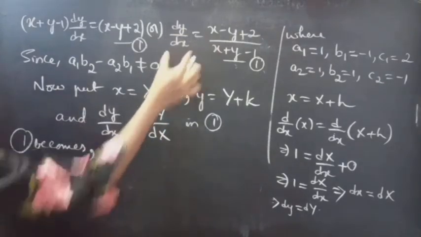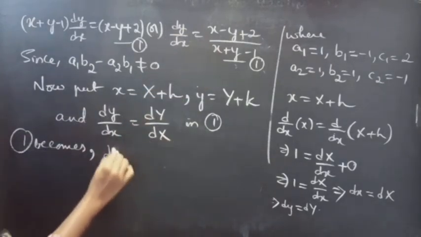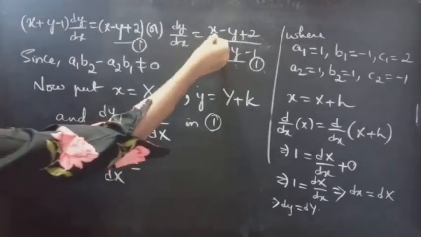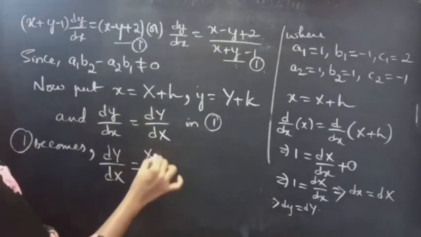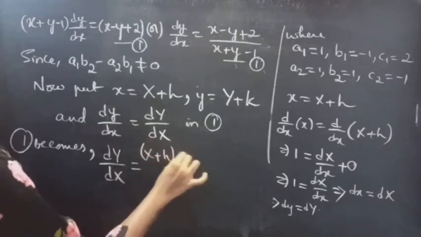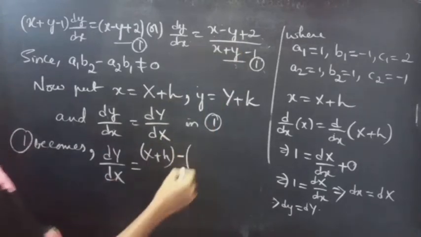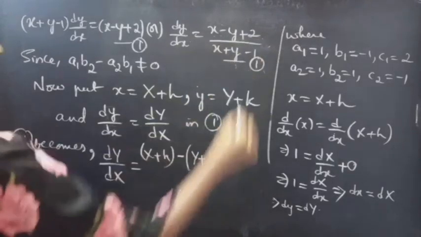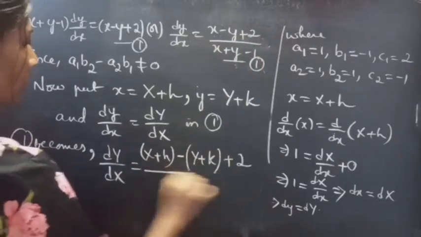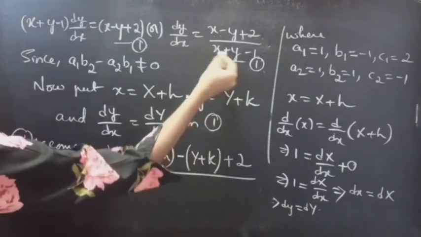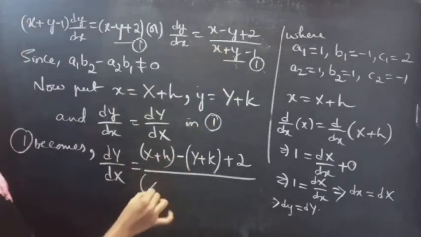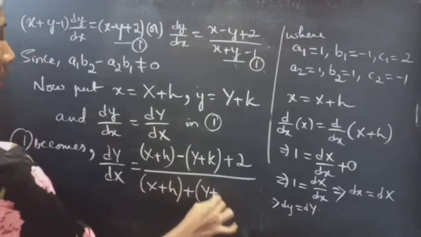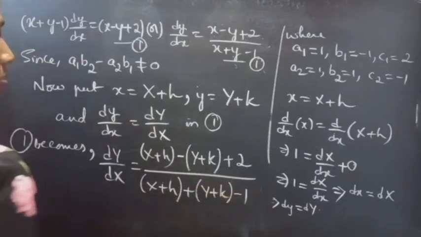replace dy by dx by this, you'll get d capital Y by d capital X equals to, replace x by capital X plus h minus y, replace small y by capital Y plus k plus constant by, again replace x and y here, you'll get capital X plus h plus capital Y plus k minus 1.